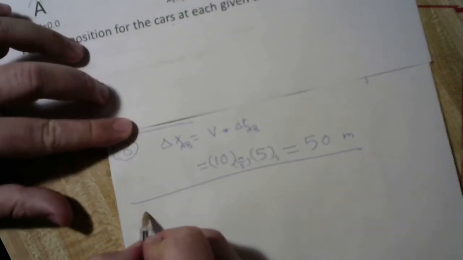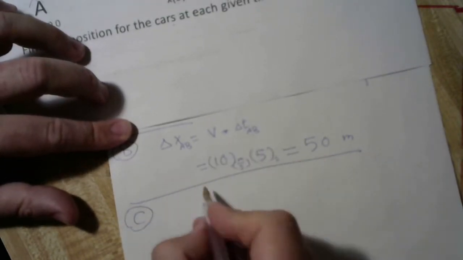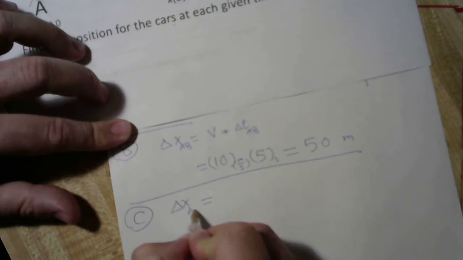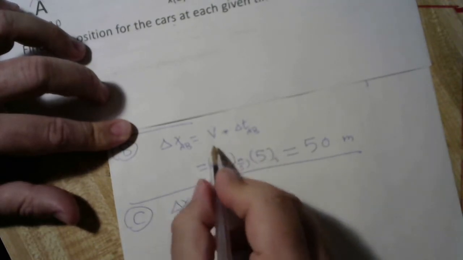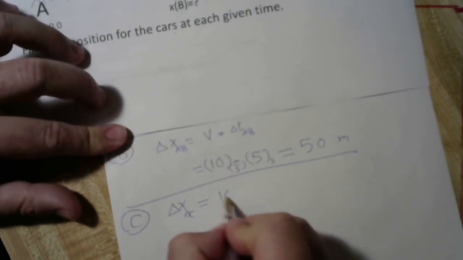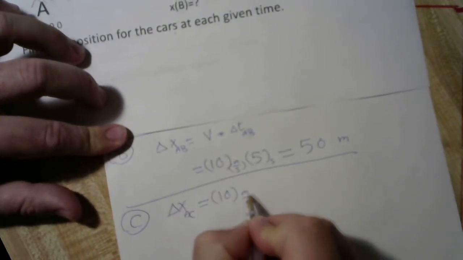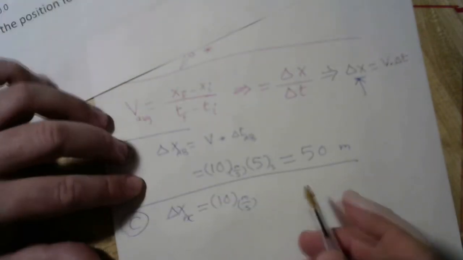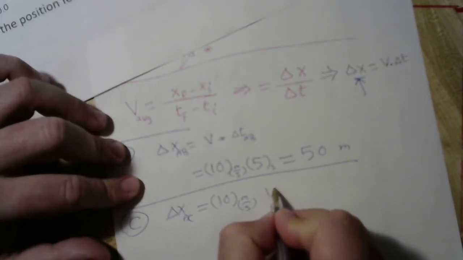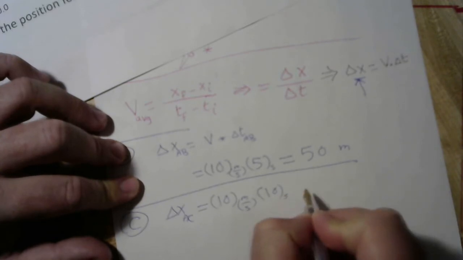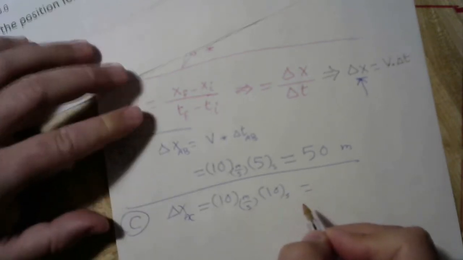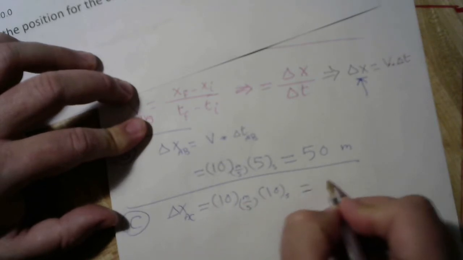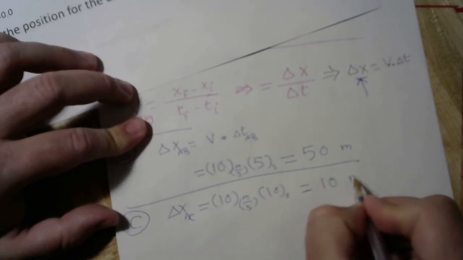At point C, the same law. Delta x from A to C is equal to the velocity, which is the same 10 meters per second, multiplied by the time, which is 10 seconds at C. And the final displacement or change in position is 100 meters.